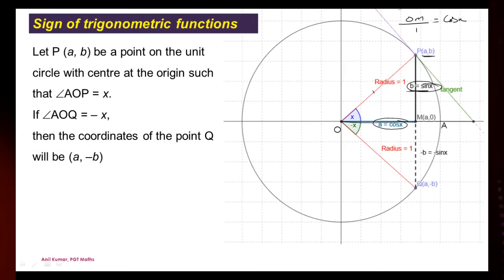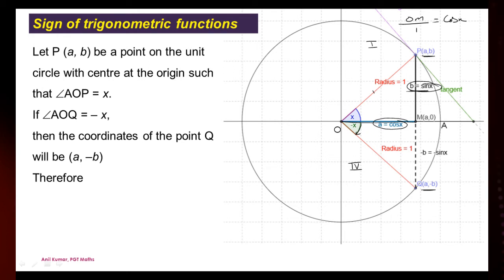Now if I rotate this point P in the clockwise direction by x radian, then the point P will be reflected at point Q whose coordinates will be (a, minus b). Therefore, here this is quadrant number 1, and if I make the angle minus x then it will be in quadrant number 4.